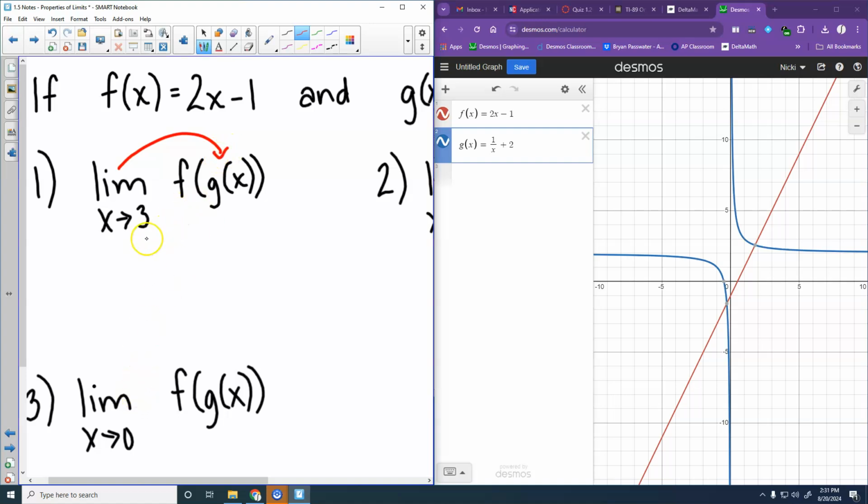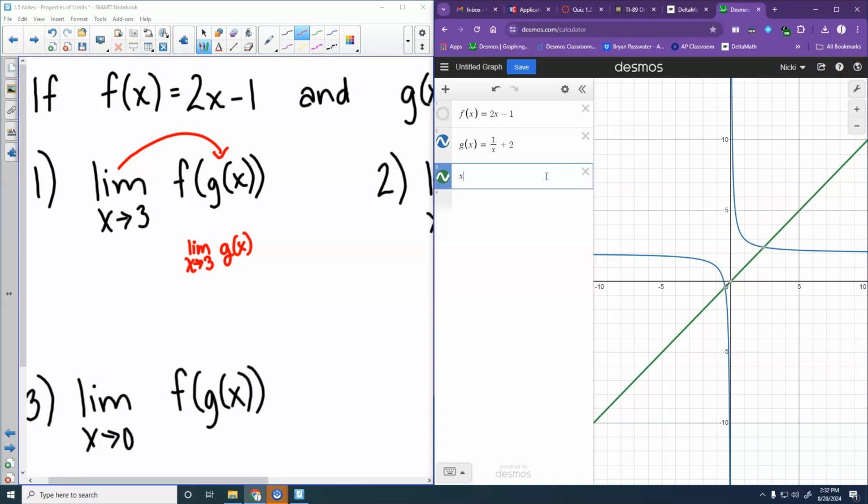So I'm thinking of the limit as x approaches 3 of g of x. So I'm going to turn off my f of x here, so I'm just looking at this. I'm looking right here at 3. In fact, I'm going to put an x equals 3 line in so we can see that line.